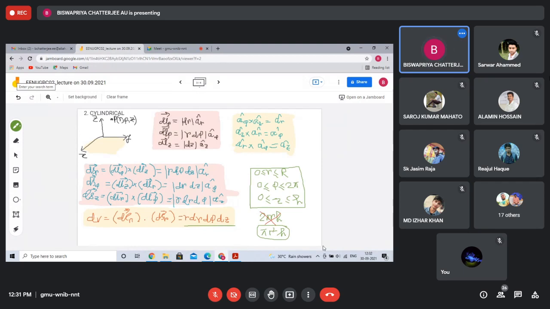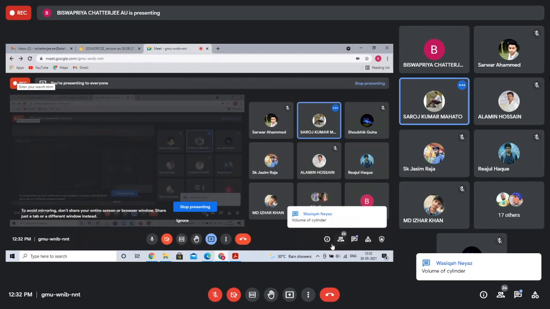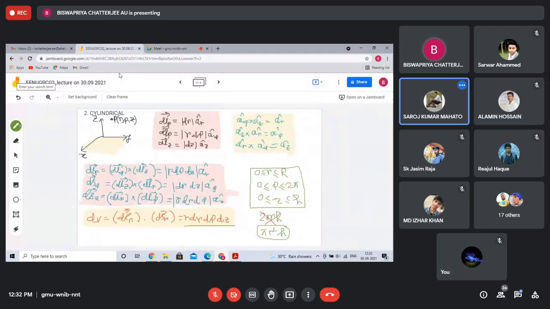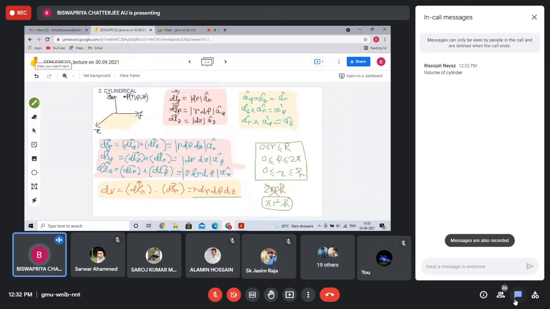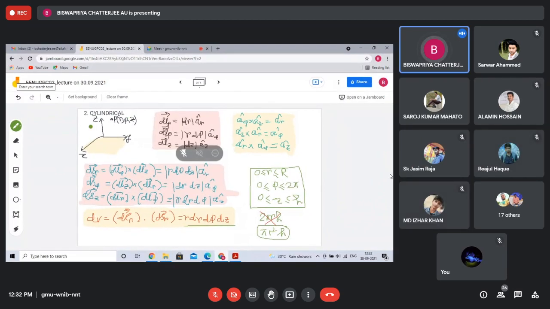Volume, sir. Volume of what? A cylinder. Yes, that is why cylinder. When you are dealing with cylindrical coordinates and calculating total volume, it comes out as the volume of a cylinder.